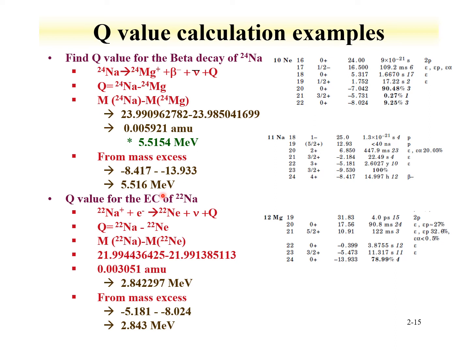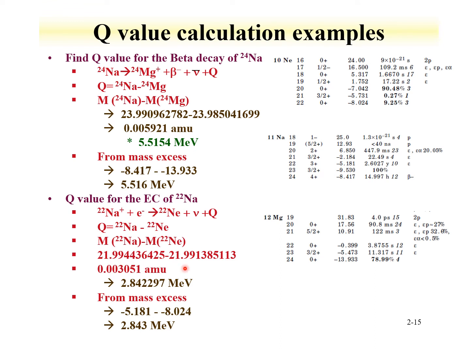Electron capture of sodium-22. We consider the sodium-22 because this is considered positive, right? It's capturing its own electron. So let's make it all one atom. Neon-22, neutrino, Q value.